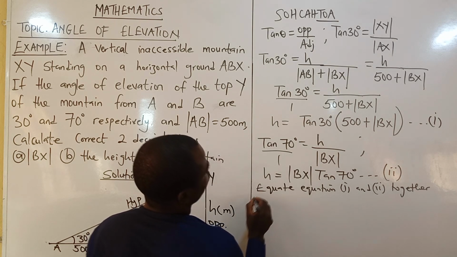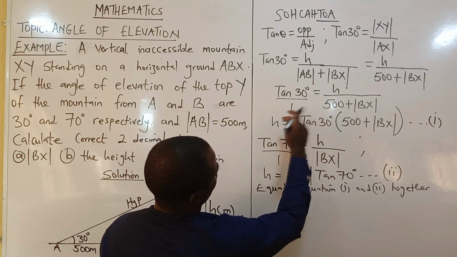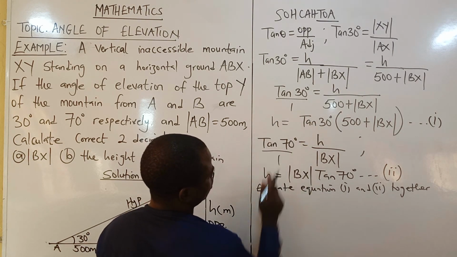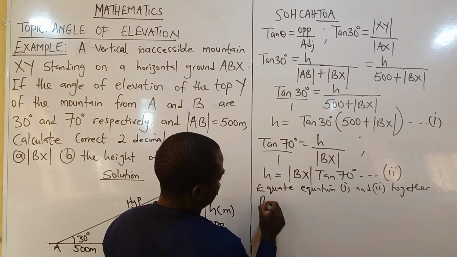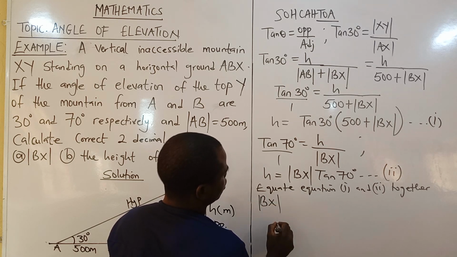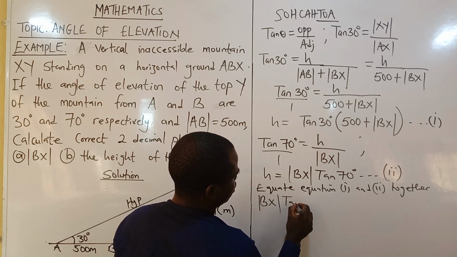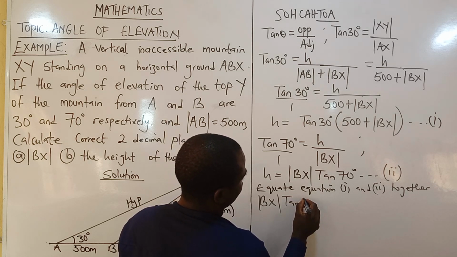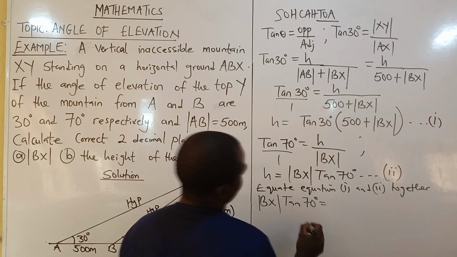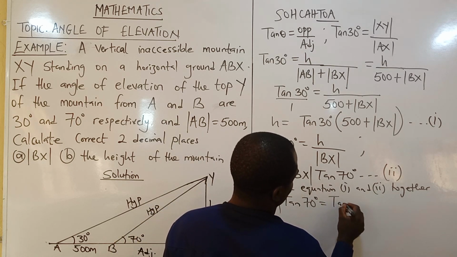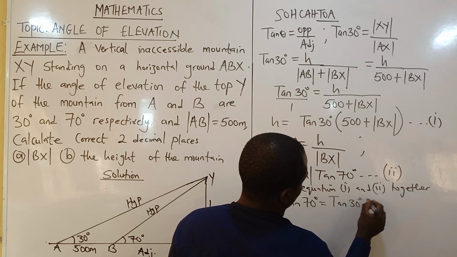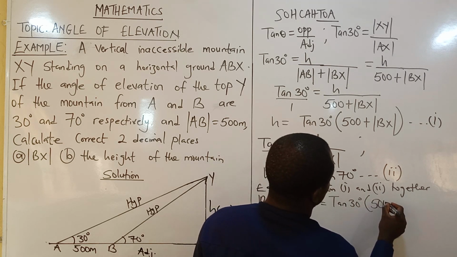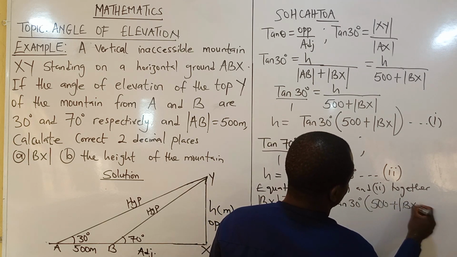Because both of them are height, line BX tan 70 degrees equals tan 30 degrees open bracket 500 plus line BX.